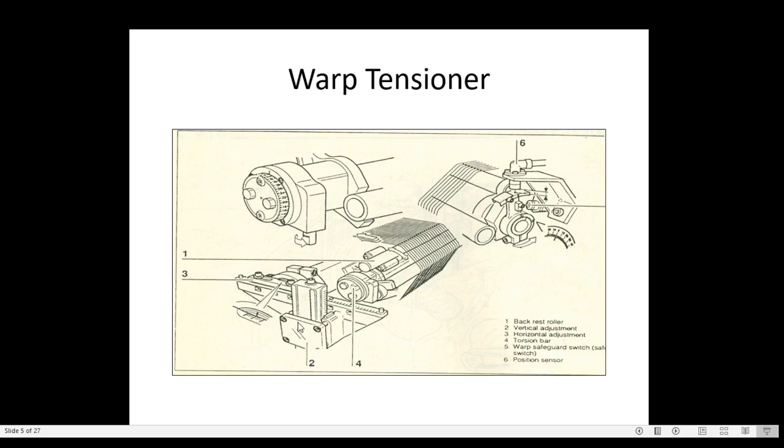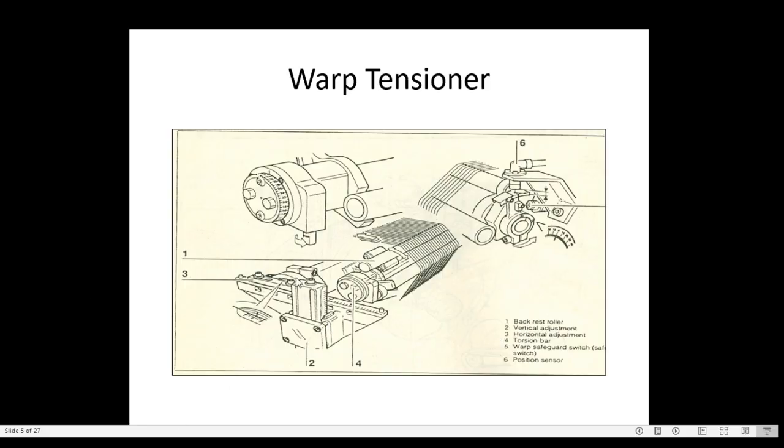We can loosen the screw and lift the backrest up and down from both sides, left hand and right hand, and here the scale is present. So vertical lifting of the backrest can be done depending upon the scale. On each side, looking at the scale, we can adjust the backrest vertical position.